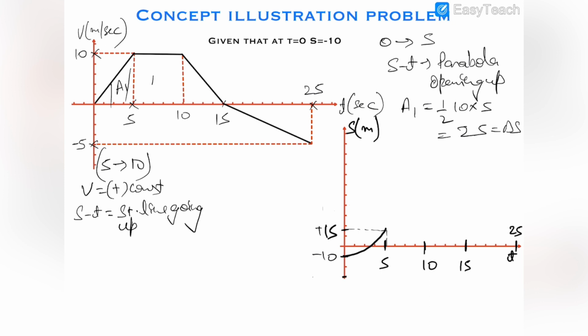And the area A2 would be equal to, you can see that this is 5 and this is 10, so A2 would be 50. So the change in displacement is plus 50 and initially the body was standing at plus 15 and a change of plus 50 occurred, so it would be now at plus 65. So 65 and the graph would be a straight line, and this straight line would be going in the upward direction like that.